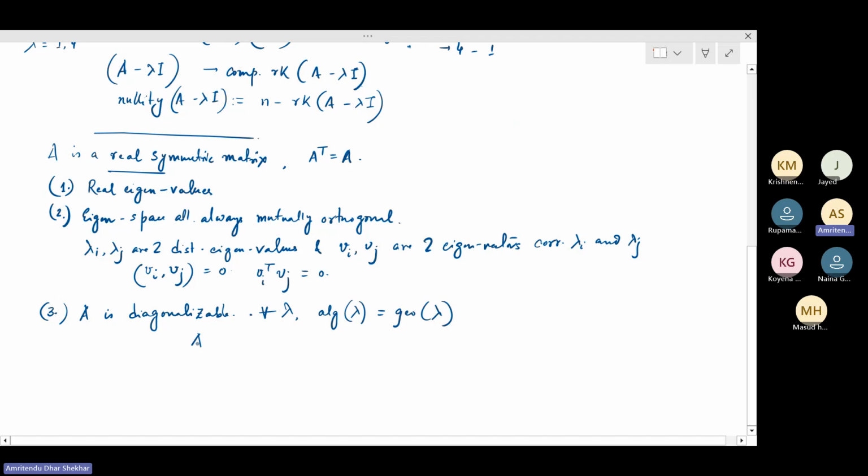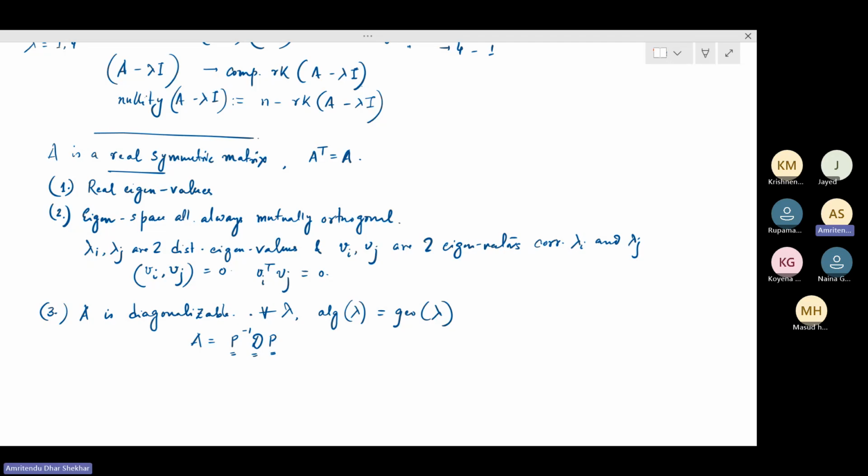You can write A as P inverse D P, where this transformation matrix P can indeed be an orthogonal matrix. So we can always choose an orthogonal basis of eigenvectors.